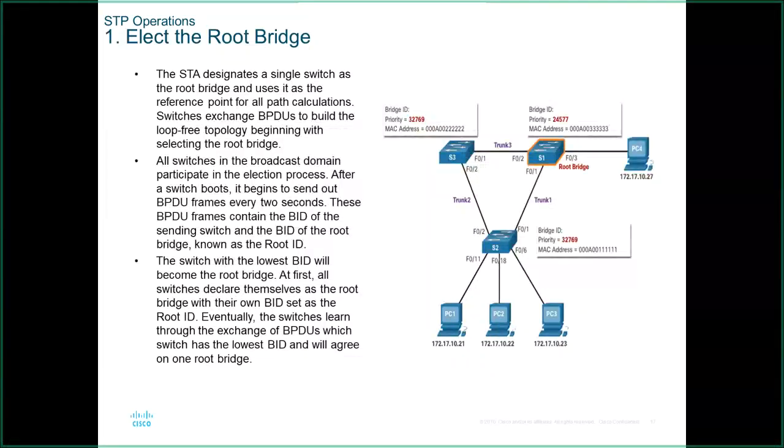Now, you want to designate the bridge. You want to control this because the device with the lowest MAC address generally is your oldest device in your network. So you want to be able to manually adjust this so you control where that root bridge is.